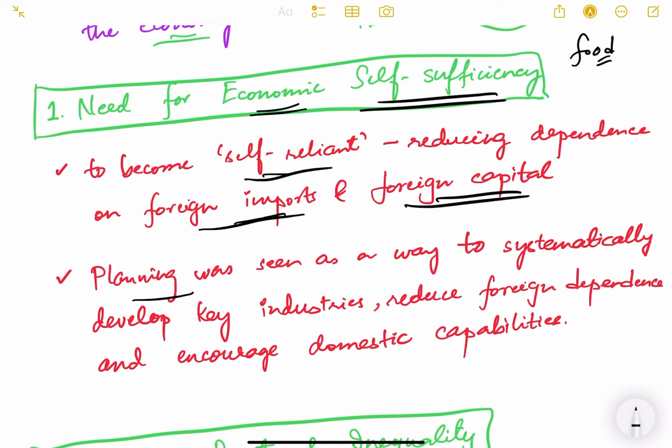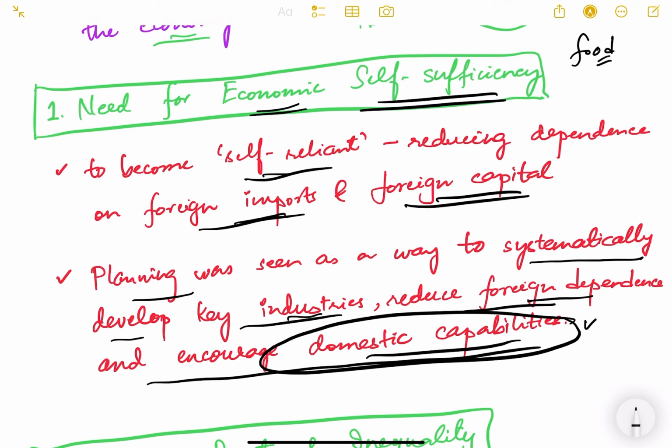Planning was seen as a way to systematically develop key industries, reduce foreign dependence, and encourage domestic capabilities. It was believed that with proper 5-year planning, we would increase industrialization and reduce dependence on foreign capital and imports. We used to import even food items at that time, because our agriculture was very poor.